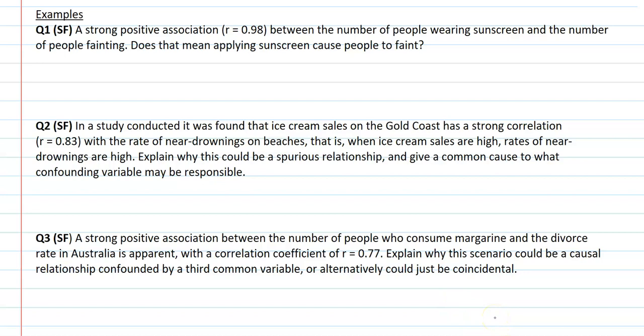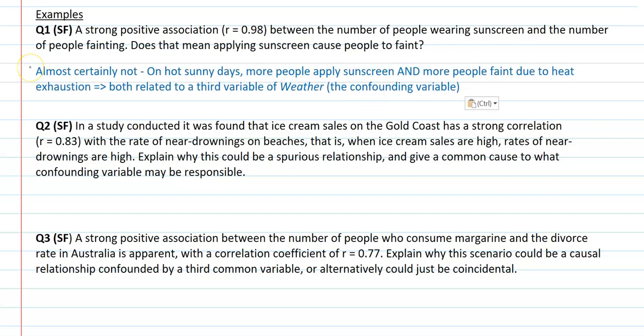We've got 3 examples here to have a think about. The first example talks about a strong positive association, a correlation coefficient of 0.98, between the number of people wearing sunscreen and the number of people fainting. Does that mean applying sunscreen causes people to faint? Unless there's some sort of dodgy sunscreen manufacturer pumping out toxic sunscreen, this association is not very likely.